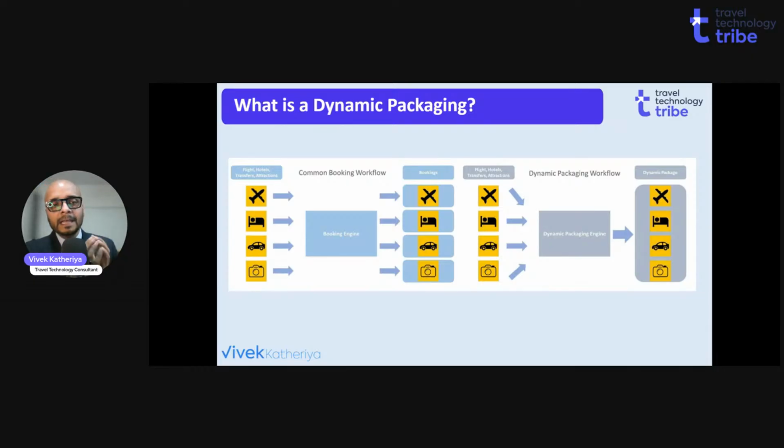So it helps the client or consumer to build their own packages with the combination of flight, accommodation, car, instead of just purchasing a predefined package or predefined inventory, which I was just showcasing on the Vina World website.